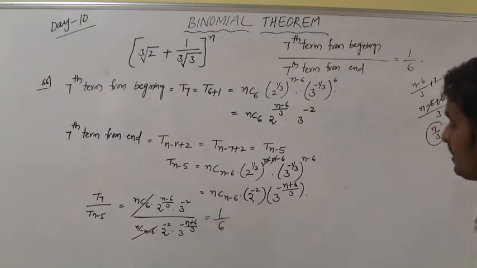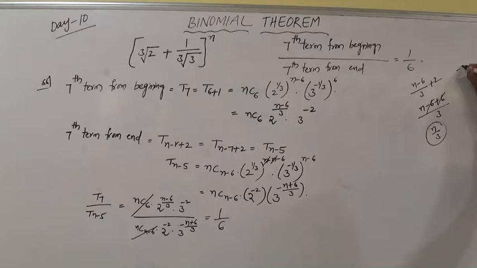The same way here, there minus 2, minus into minus plus (n minus 6) by 3. So minus 6 plus n minus 6 by 3, that is (n minus 12) by 3. So there is a small mistake, everything else is correct.